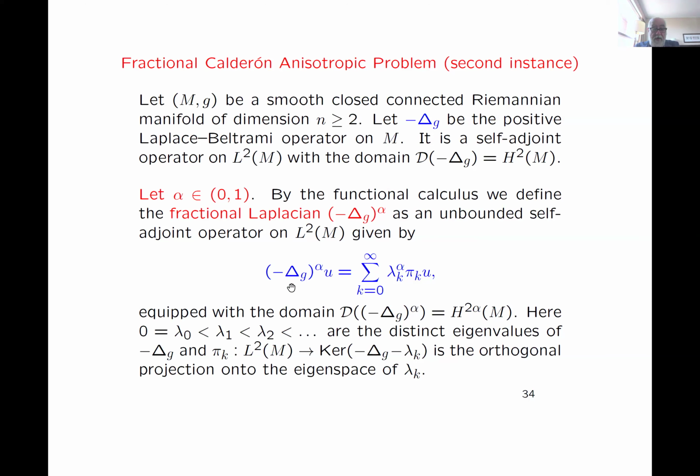And it's self-adjoint, and you can define the fractional power by using the spectrum. In this case, the spectrum is discrete, denoted by lambda_k here to the alpha, and these are the projections of the function on the eigenspaces, the orthogonal projection onto the eigenspace of lambda_k. So this is the way to define the fractional Laplacian in that case.